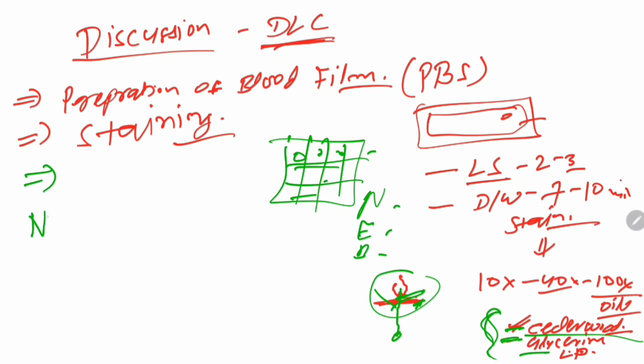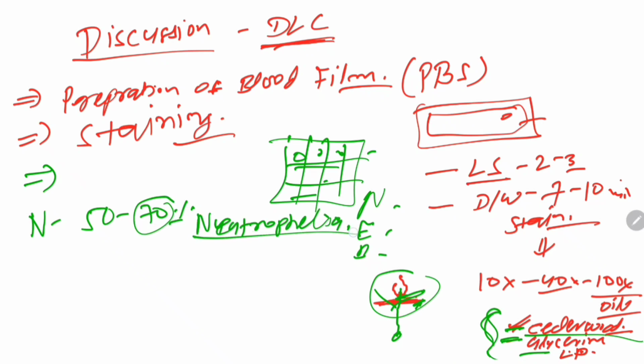So the neutrophil count is normally 50 to 70%. If the count is more than 70%, then you can say neutrophilia. And if the count is less than 50%, then you can say neutropenia. Then eosinophil count: if the count is increased above the normal level, then eosinophilia, and if less, it is called eosinopenia.